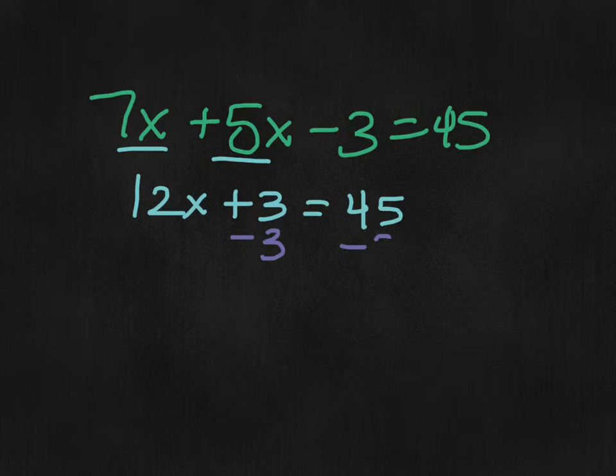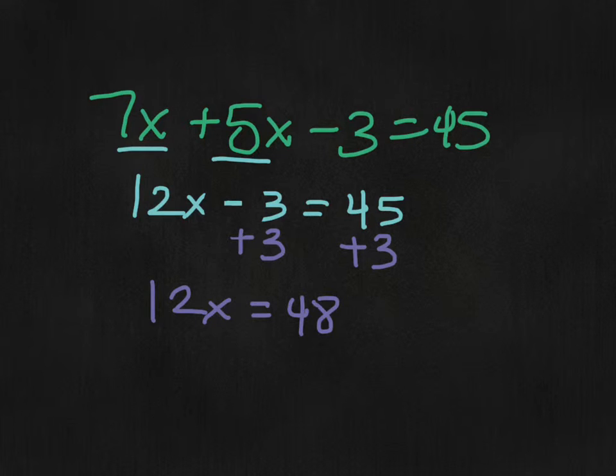Oh sorry, it's a minus 3, so we're going to add 3. We get 12x is equal to 48. Go ahead, divide by 12. So x is equal to 4.